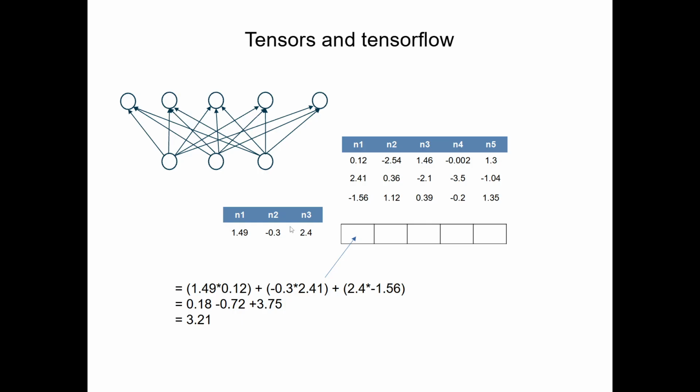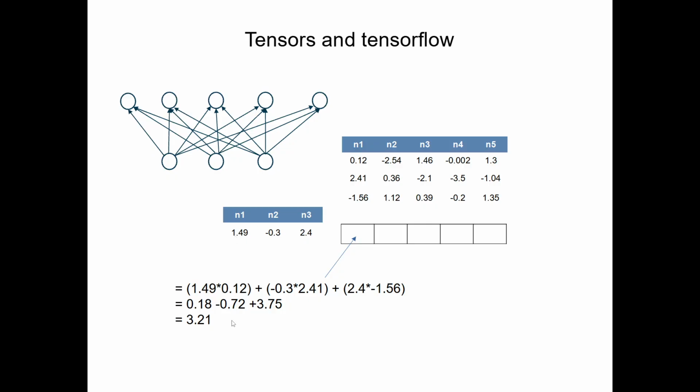So we have to multiply the output of this neuron of the first layer by the first weight of the first neuron of the second layer, and the output of the second neuron by the second weight, and the output of this neuron by this weight.